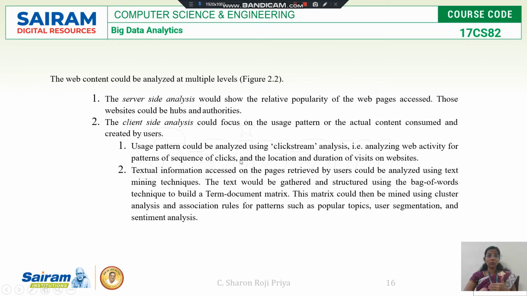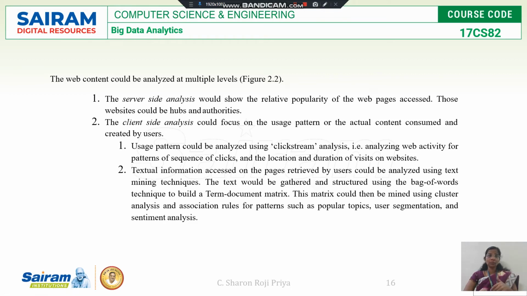Right? So usage pattern could be analyzed using click stream analysis. That is the pattern of sequence of clicks and the location, duration of visits on websites and so on. And the textual information accessed on the web page is retrieved by the user and analyzed to find the most popular topics.